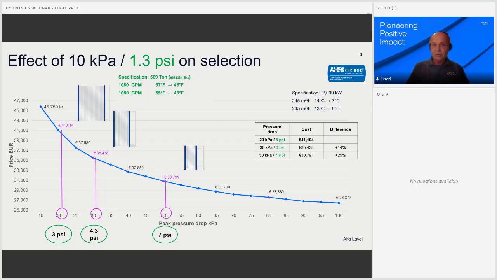Is such a small tolerance of pressure drop measurable? It depends on the installation and the accuracy of the measurement equipment. But we also know that in many cases, besides the 100% design for the specification, we have the seasonal load. That means that over a running year, 100% of the capacity of the load is not applicable.